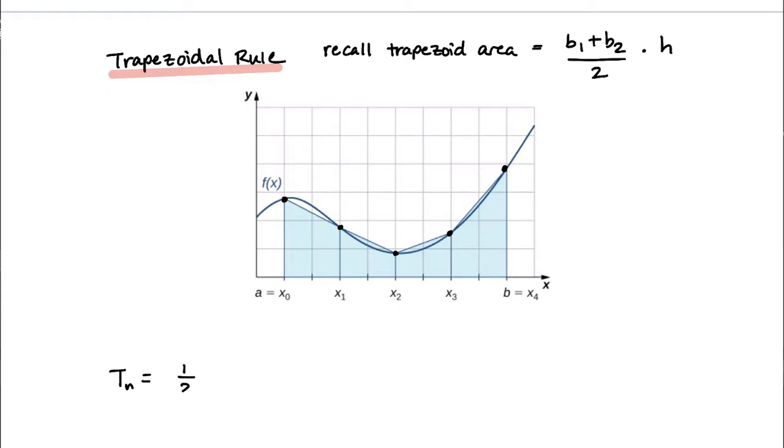1/2 times the delta x times, okay, so that's coming from the over 2, adding up the bases and multiplying by the height.